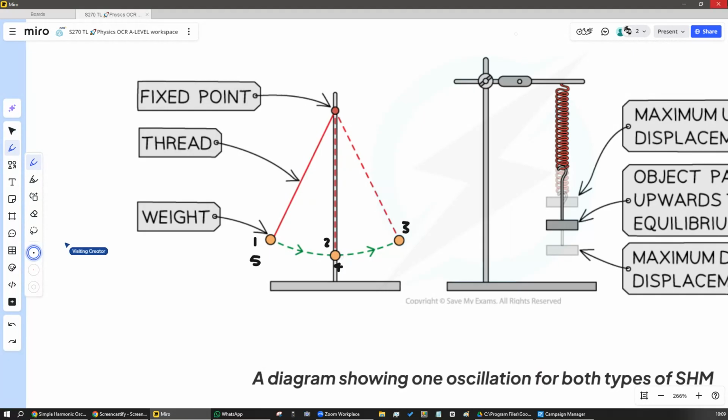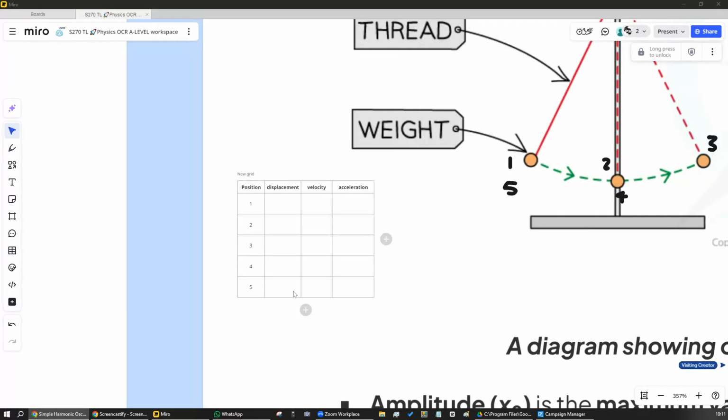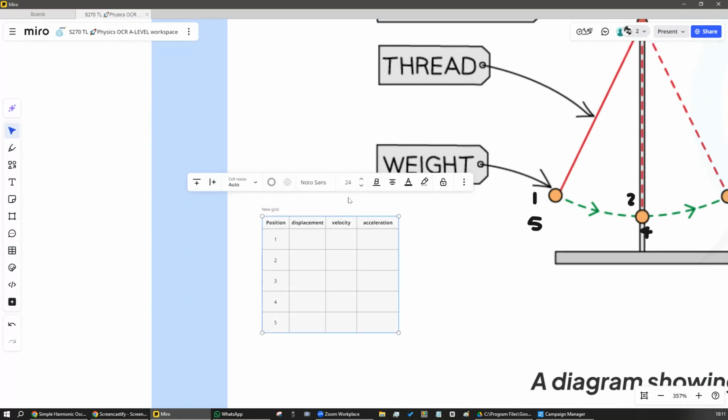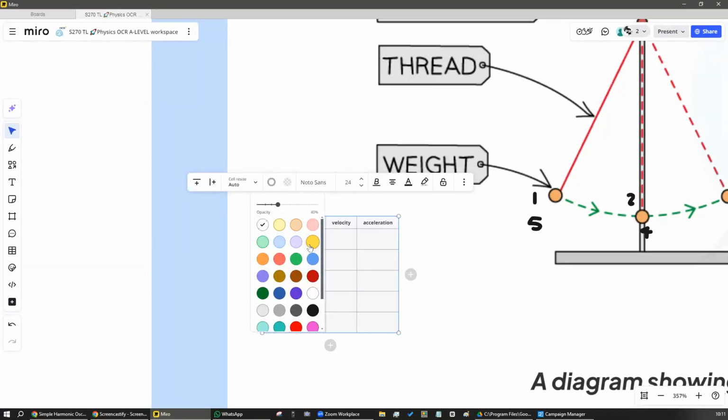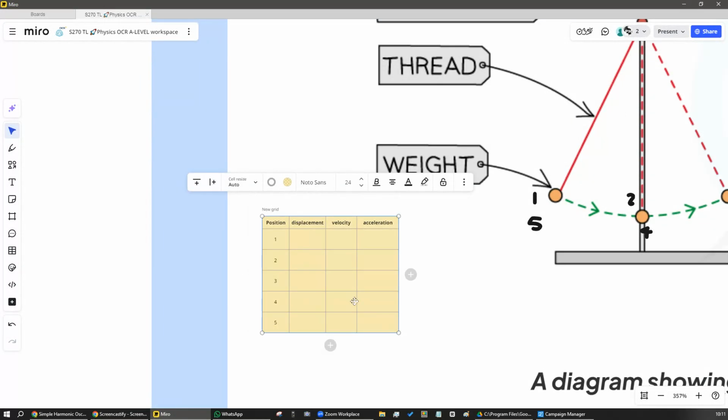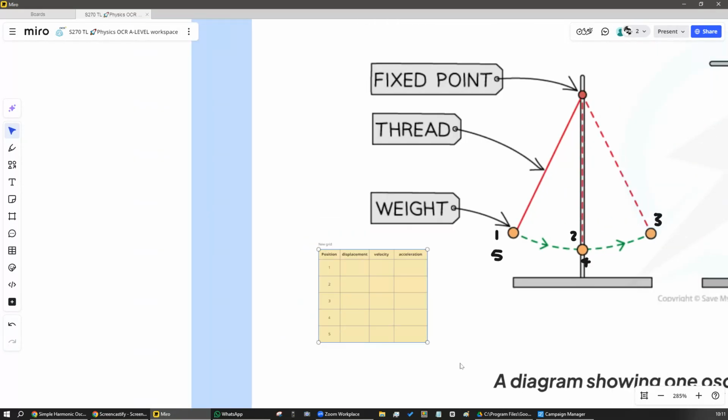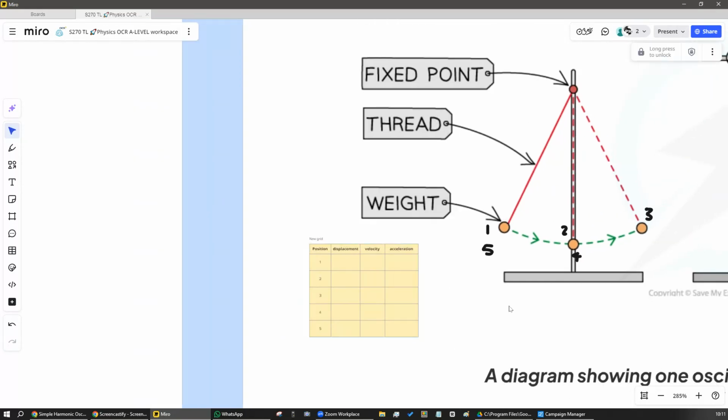Okay, I'm just going to pause this and set up a little table. So we've got this table here that we're going to fill in a moment. What we're going to be thinking about is what size and direction are the displacement, the velocity, and the acceleration at each position: 1, 2, 3, 4, and 5.